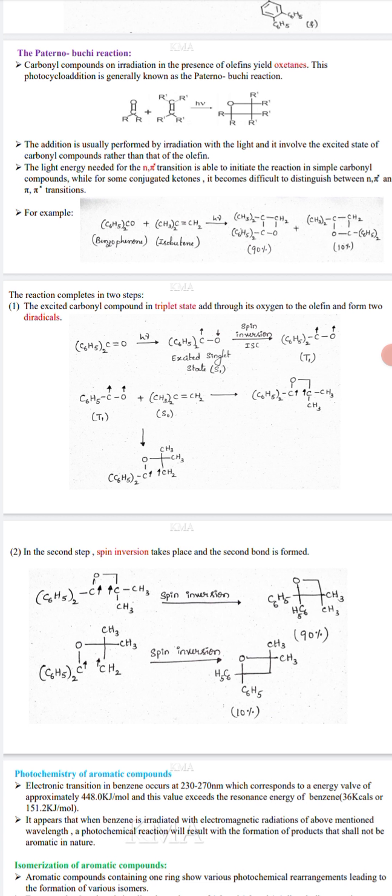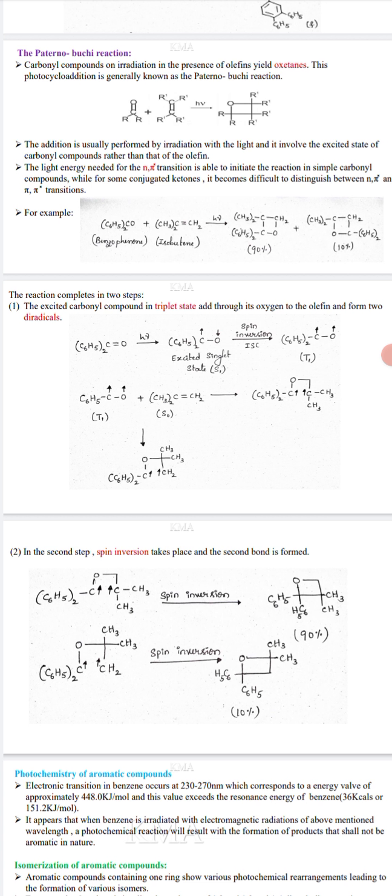From this excited singlet state it converts into the triplet state by intersystem crossing, that is, spin inversion takes place. So now both carbon and oxygen have an upward arrow mark, that is, the spins are both in the same direction. So in the case of a carbonyl compound, in the singlet state the spins are in opposite directions, but in the triplet state the spins are in the same direction.